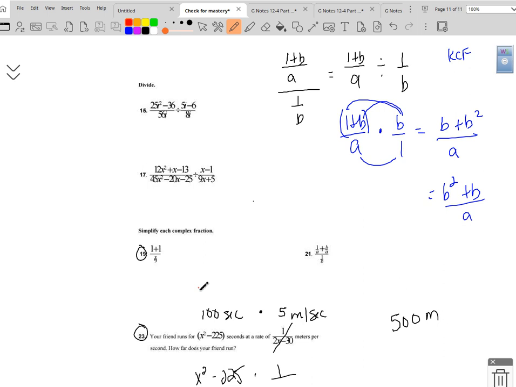Tyrese? Will that top part simplify? What will this top part simplify to, Tyrese? 1 plus 1. What's 1 plus 1, buddy? 2. Yeah, okay, there we go. Remember, this means division. The fraction bar means division. So that's where you go from there.